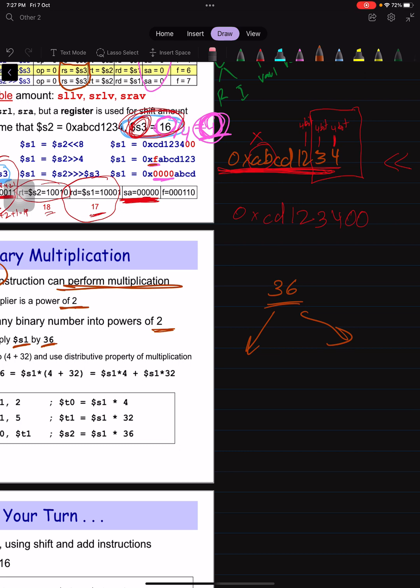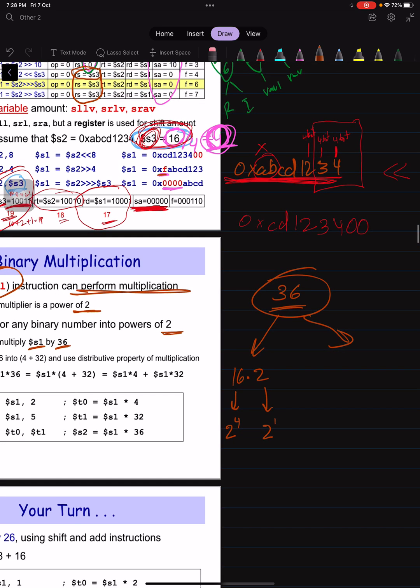So 36 is actually 16 multiplied by 2, right? Which is 2 to the power of 4 and 2 to the power of 1. And also we can do it the other way around. We have another way to do it. 36 is actually 4 plus 32.